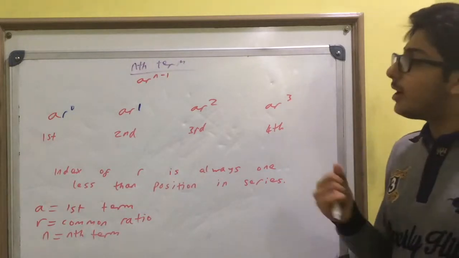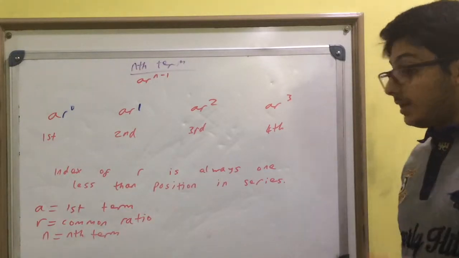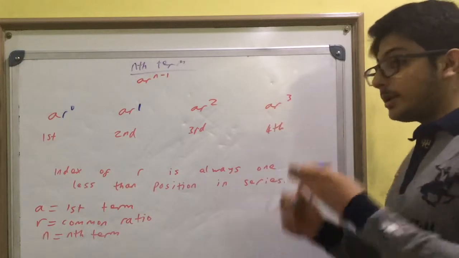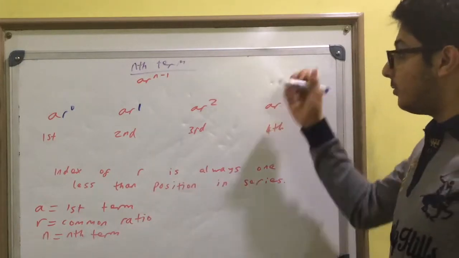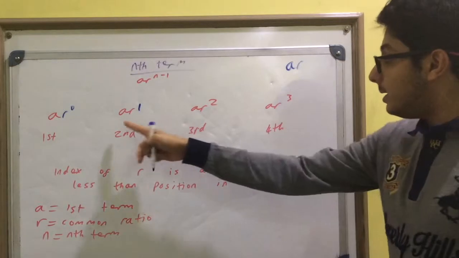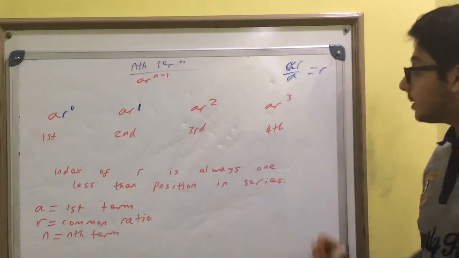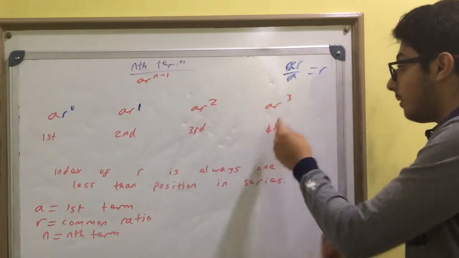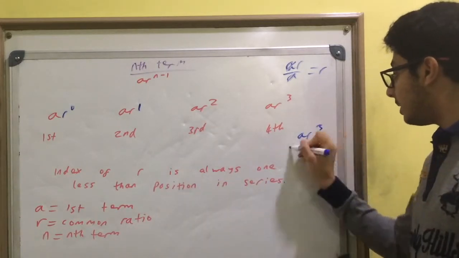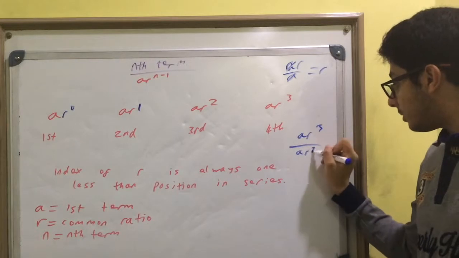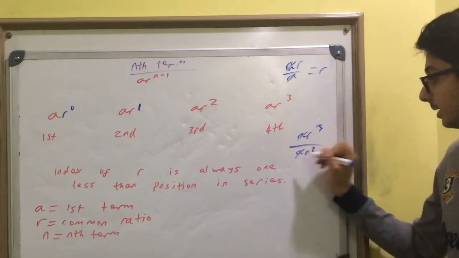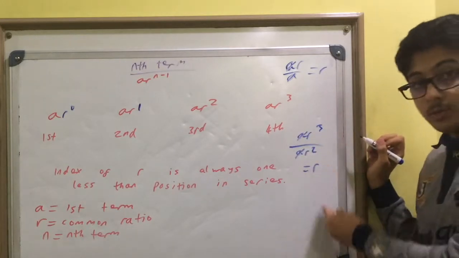And if you want to find the common ratio, an easy way to do it is to divide one term by the previous term. So if we divide the second term by the first term, it's going to give us the common ratio. If we divide the fourth term by the previous term, which is AR squared, we're going to get the common ratio.